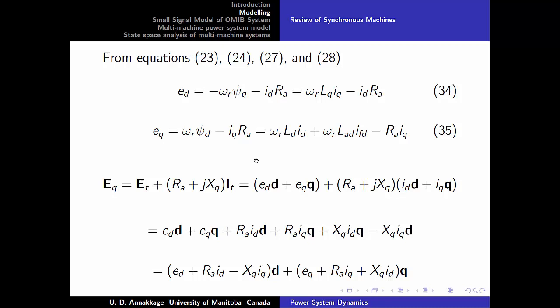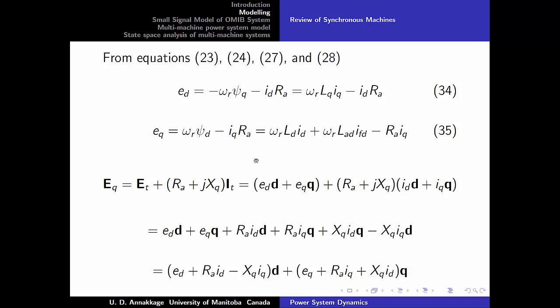And now the component of EQ in the direction of the D axis, the first term on the right hand side of the last equation, is equal to ED plus RAID minus XQ IQ.